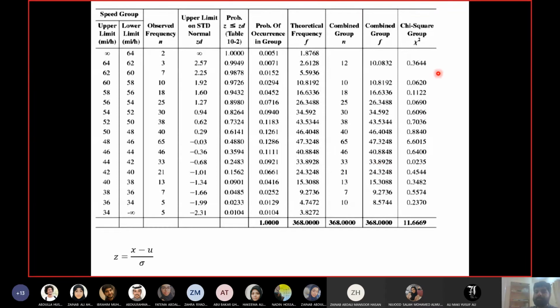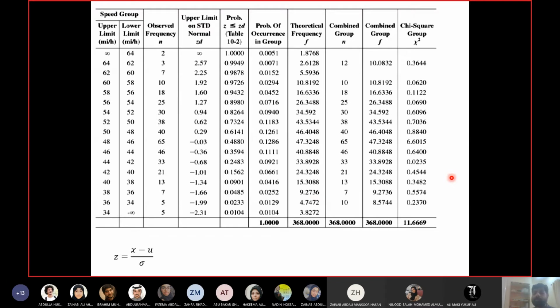So how many speed groups are left? 1, 2, 3, 4, 5, 6, 7, 8, 9, 10, 11, 12, 13, 14. I have 14 speed groups left after merging. Initially, I think there were 2 at the top and 1 at the bottom, so 14 plus 3, they were 17. After merging, we are left with 14.